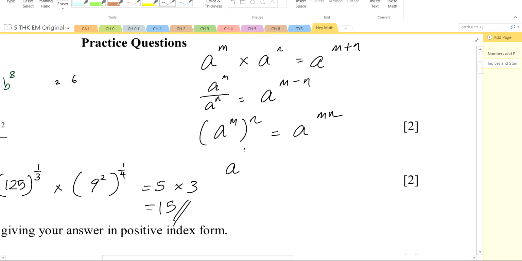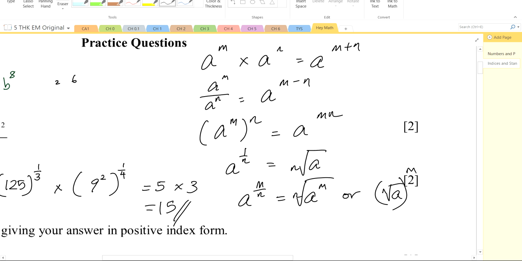A to the power of 1 over n equals to the nth root of a. A to the power of m over n equals to a power m with a nth root, or nth root of a power m.